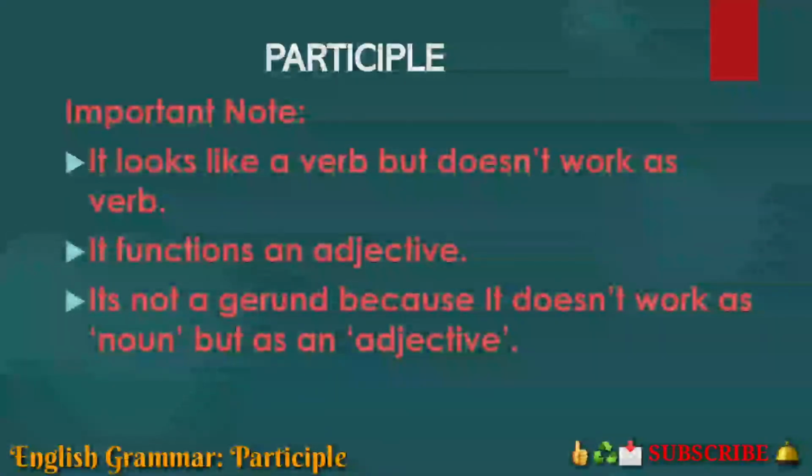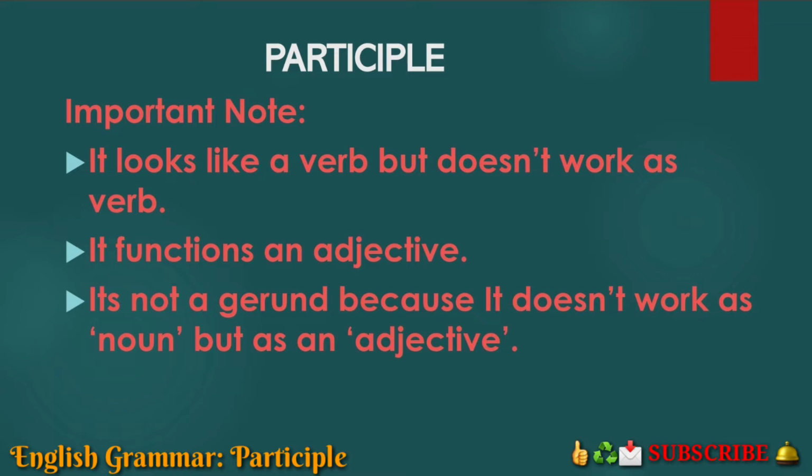Students, there are some important things about participle we should know. If you want to identify a participle in the sentence, what things should we observe? Okay, let's see. The participle looks like a verb but doesn't work as a verb.